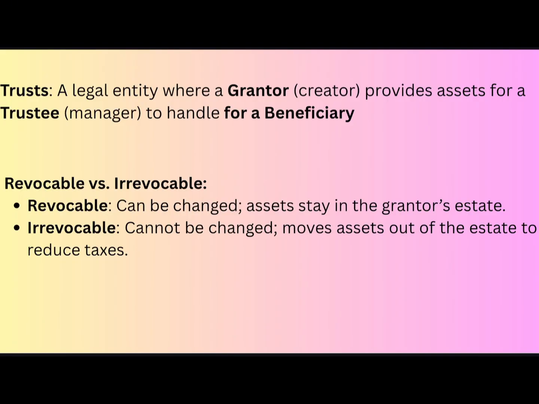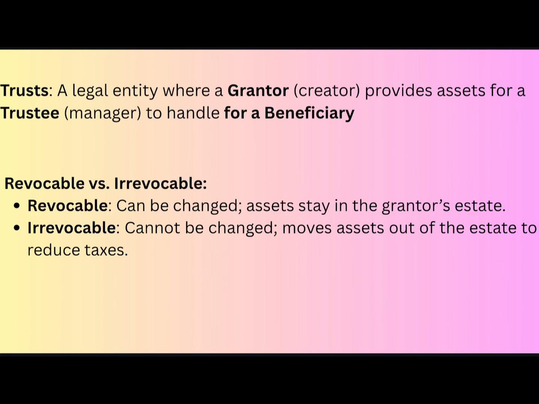What are these aspects of ownership of a trust? Some aspects of ownership are legal possession, where the person who owns the asset, often called the grantor, has legal possession.